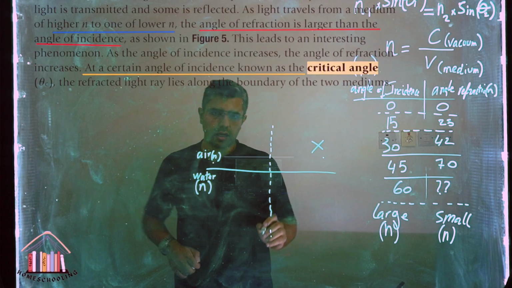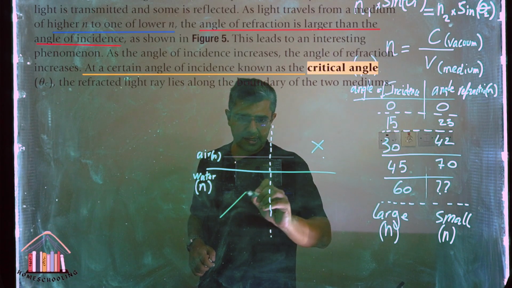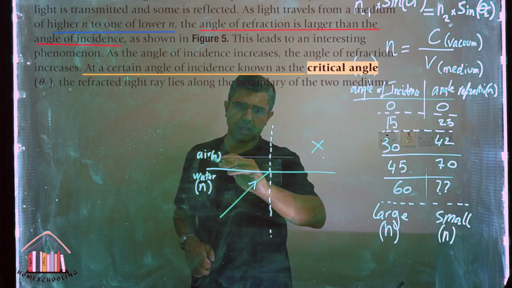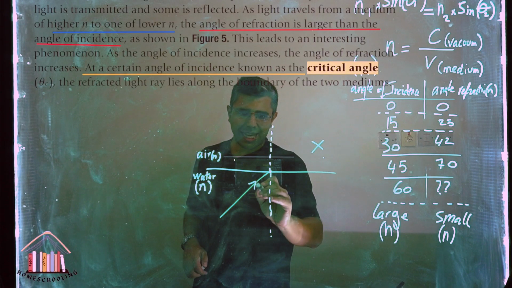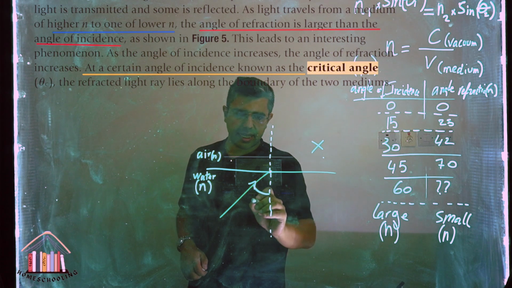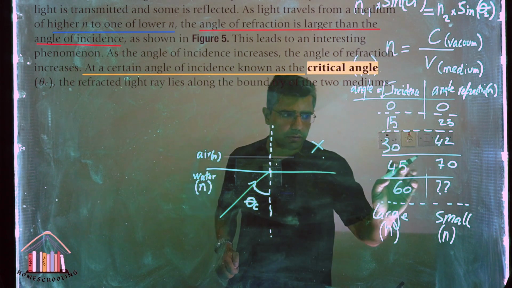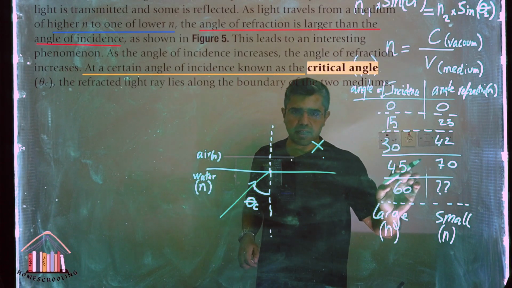That's the incident light hitting the surface of the air-water boundary. At this angle, we call it the critical angle, theta c. It's somewhere between 45 and 60, by the way.